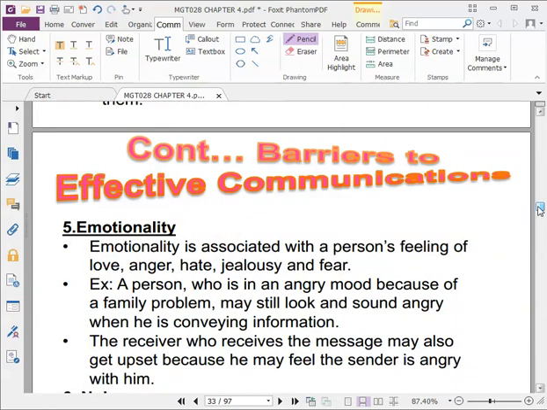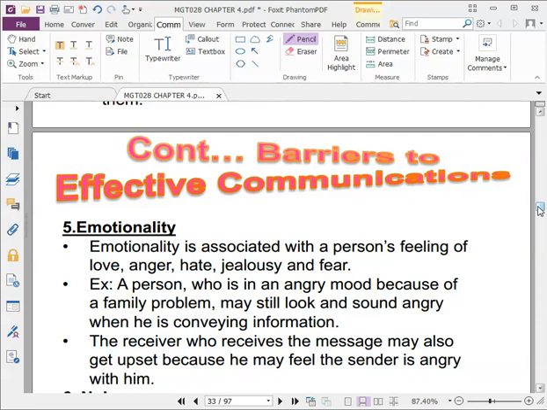Emotionality pula. Dia biasa orang perempuan ni. Okay, kalau orang perempuan dia adalah sender ataupun nak bagi mesej tertentu dalam keadaan tengah marah, okay, mesej tak akan sampai. Emotionality is associated with a person's feeling of love, anger, hate, jealousy, and fear.